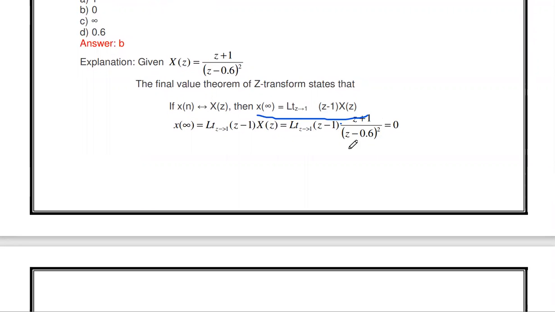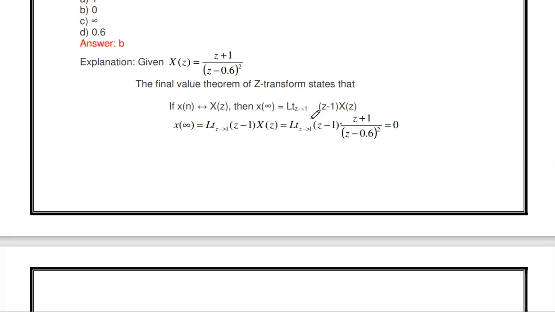You may check whether any terms are cancelling from numerator or denominator. Here no terms will cancel. So in this product, we have to substitute Z as 1. Wherever Z is available, simply substitute 1. Here 1 minus 1 is 0, 1 plus 1 is 2, and 1 minus some value.